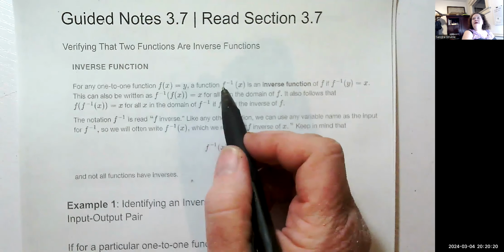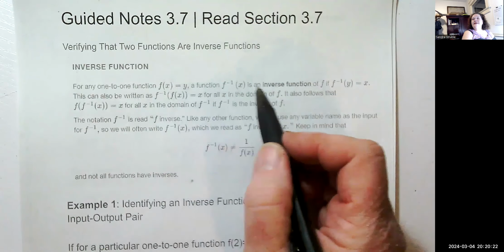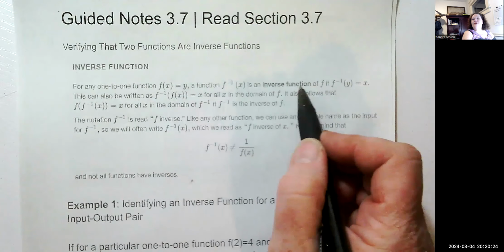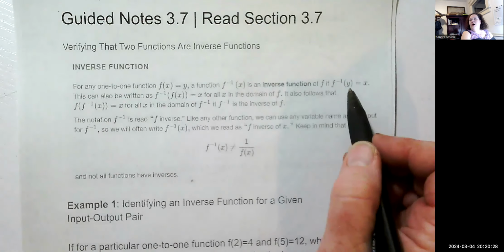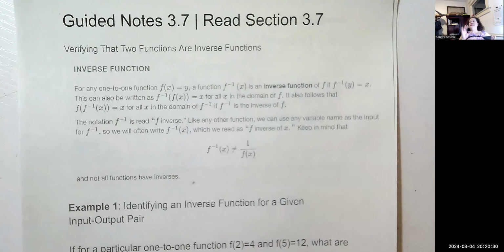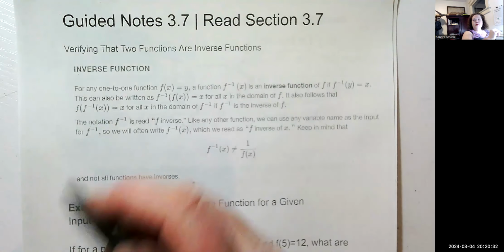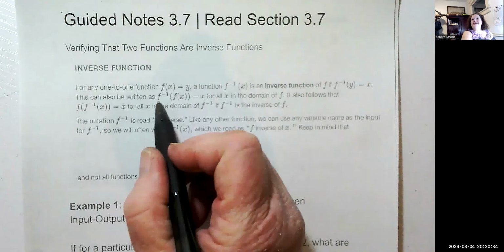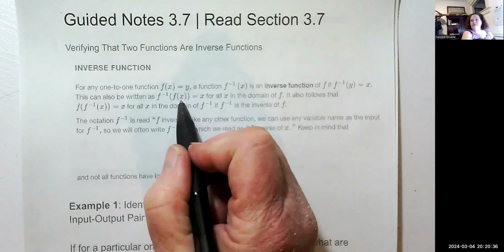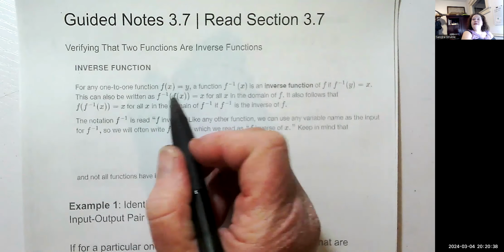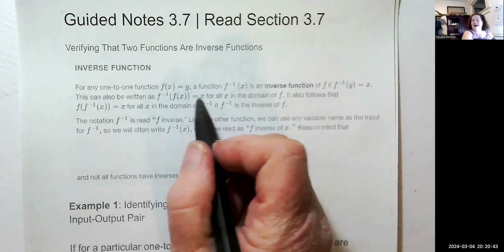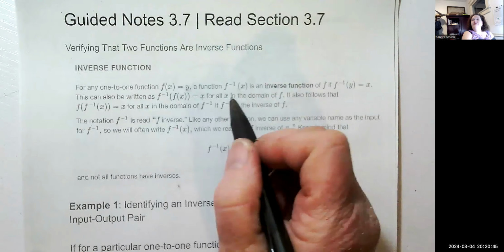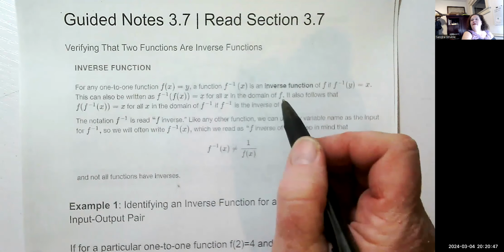A function, this is the inverse of f. They're giving you what it is: the inverse function of f, where the inverse of y is x. Okay, that means nothing to you right now, and that's okay. We'll get there. Here's something else. The inverse of the original function. This is big because if you take the inverse of the original function, we're going to get x, for all x in the domain of f.